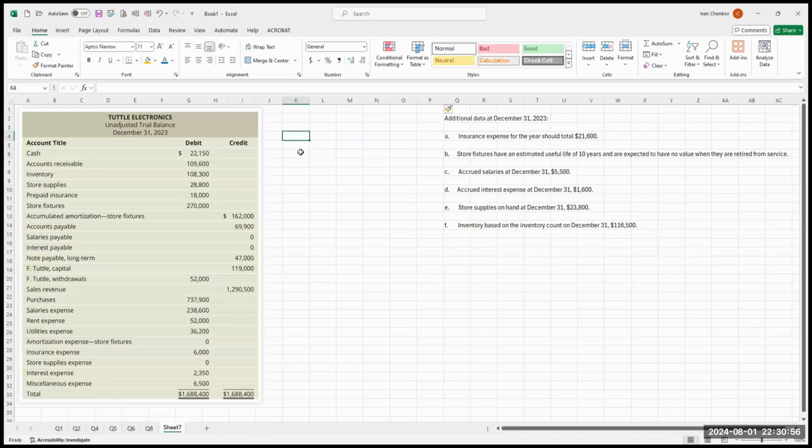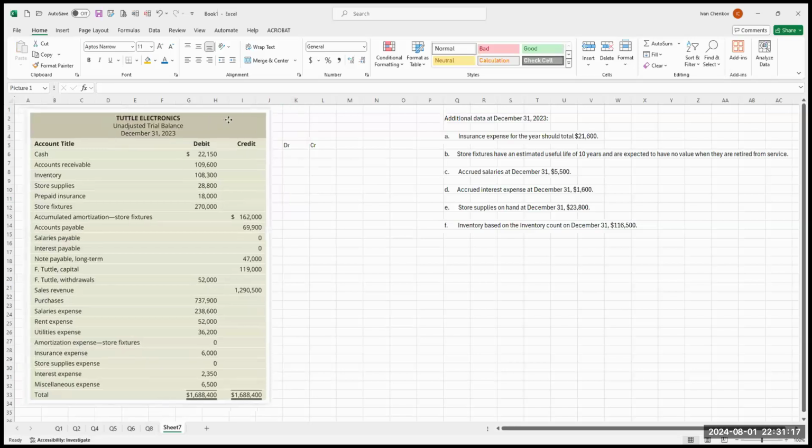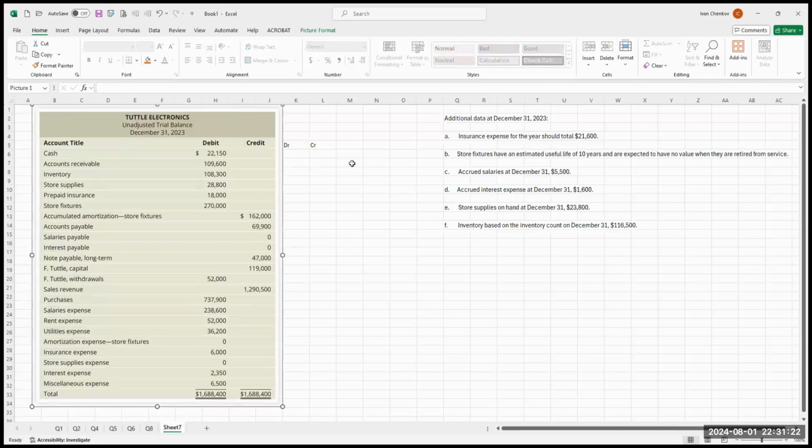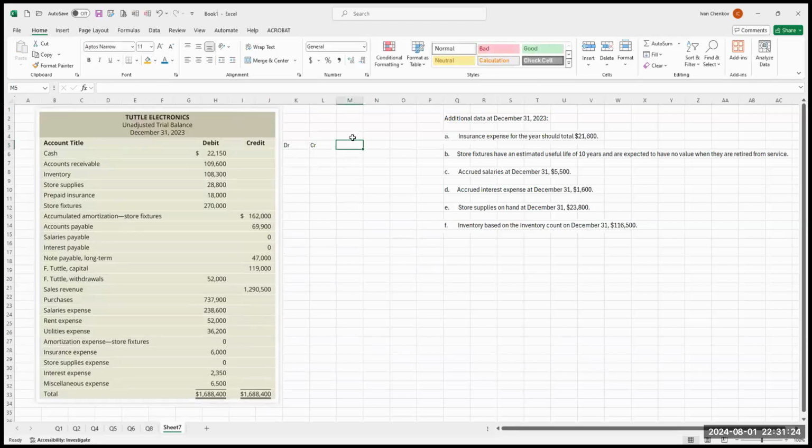What I can do is put debit here and credit here, and I can start working with those balances. Actually, to be in line with the question, I can flip it on this row, trying to match the rows exactly so we can easily transpose those numbers and get the final balances here.